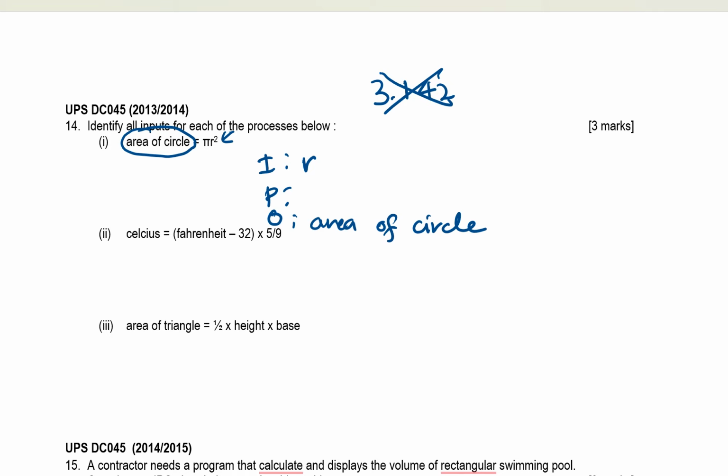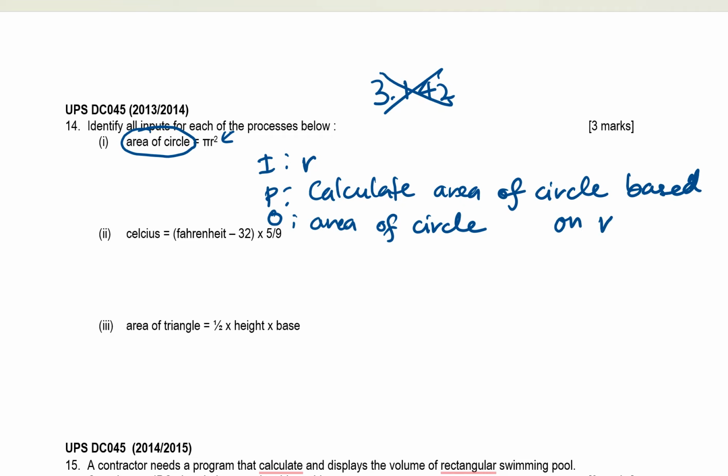You have to write the constant later in the pseudocode and flowchart, in the process, in the formula. In the input you don't have to write the constant. Next. How about the process? Calculate area of circle based on R. That's all.